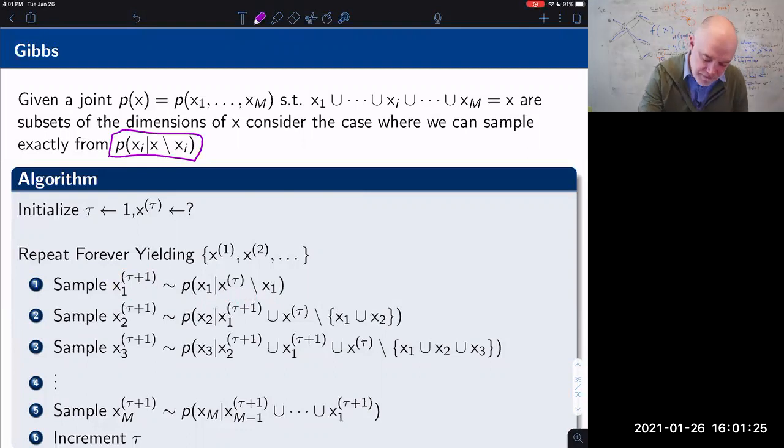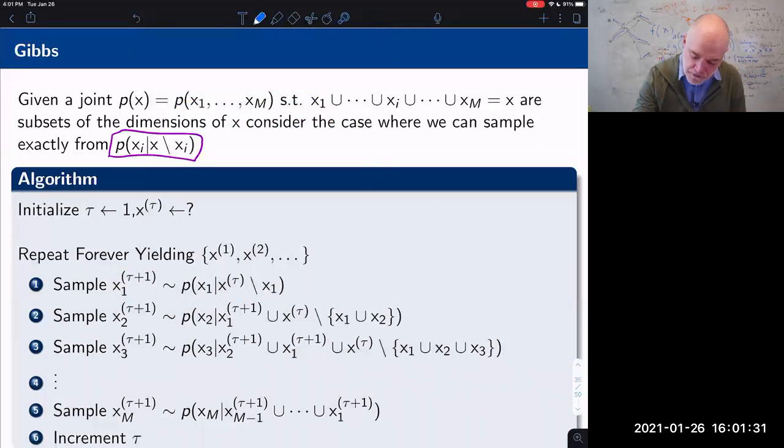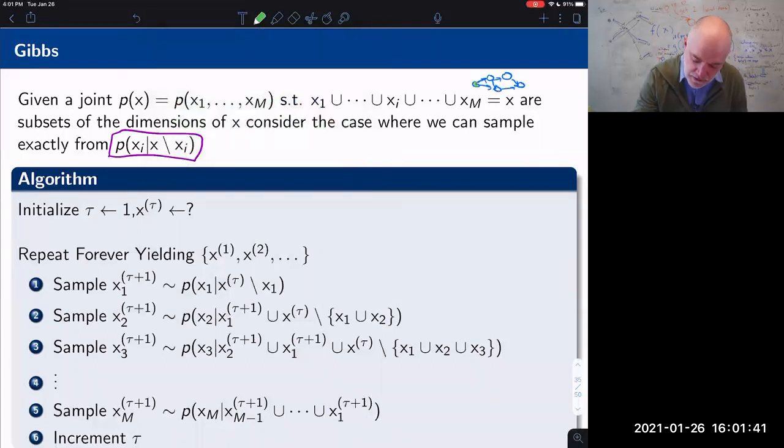Graphically, in some Bayes net, you would pick one of the variables, this one maybe, and sample it conditioned on the values of all of the other variables.